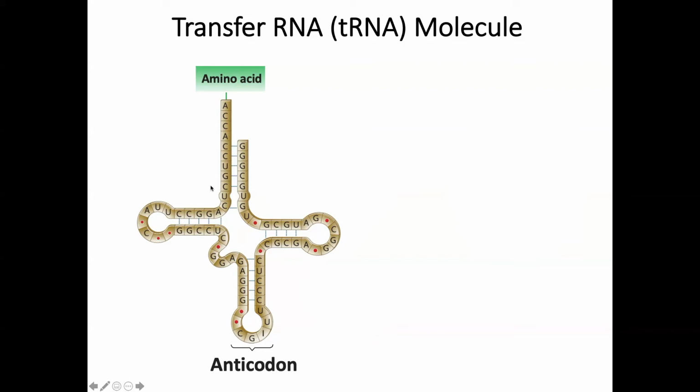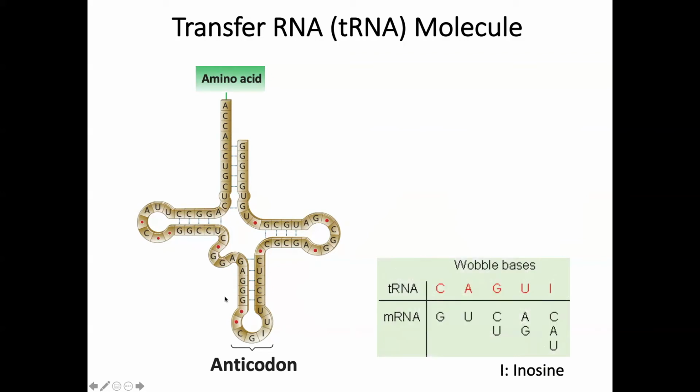Here, I would also like to introduce the concept of wobble bases. A wobble base pair is a pairing between two nucleotides in RNA molecules that does not follow Watson-Crick base pair rules.